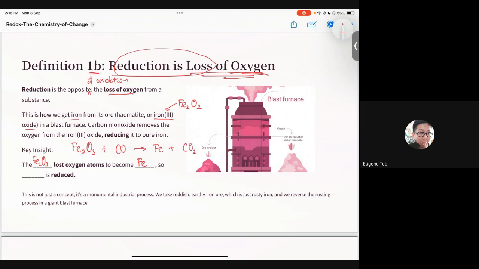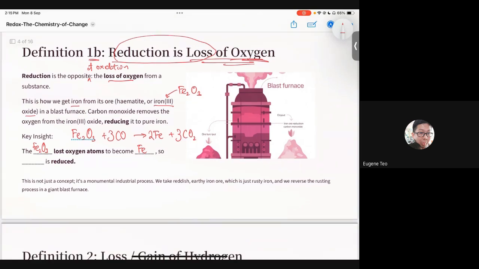We need to balance this equation, so it will be 1, 3, 2, 3. You can see here that the Fe2O3 became Fe, it lost oxygen. Therefore, it is reduced. So Fe2O3 is reduced. The thing that lost oxygen is the thing that's being reduced.